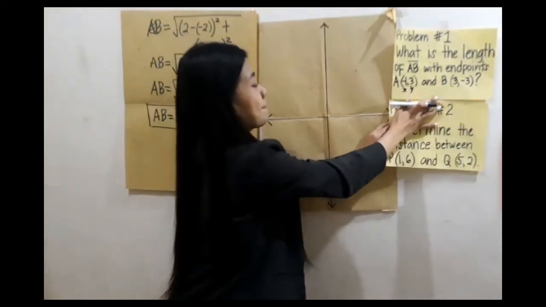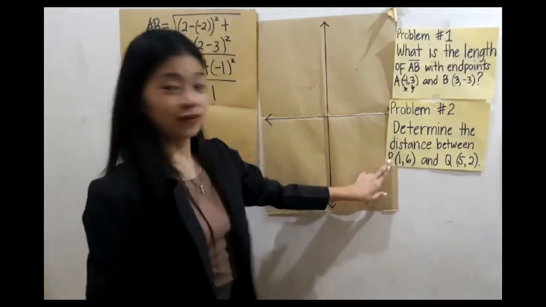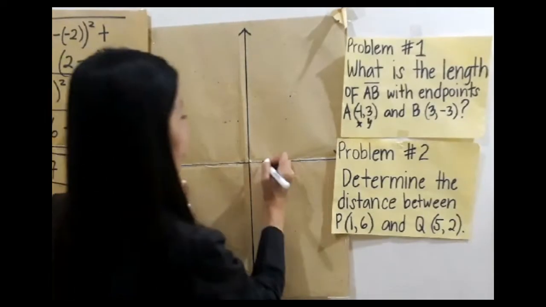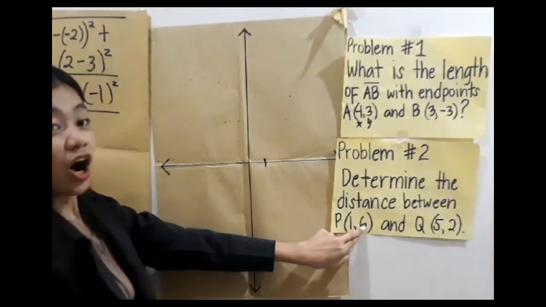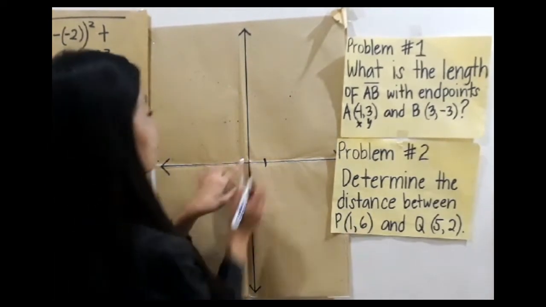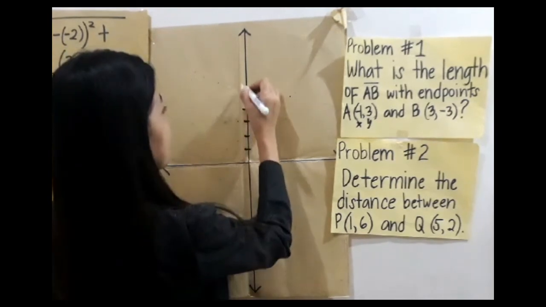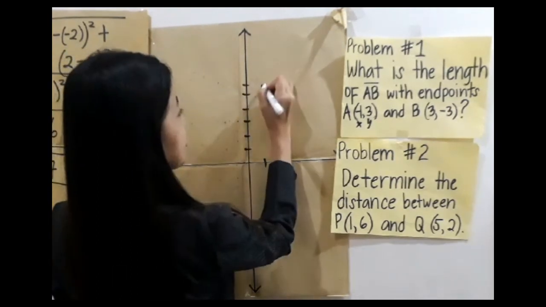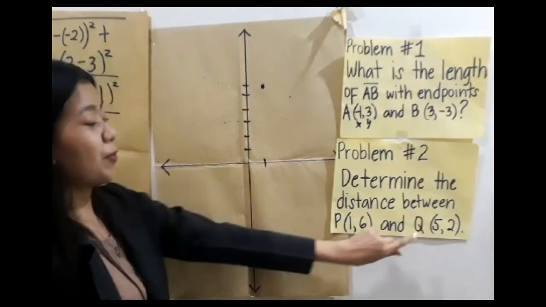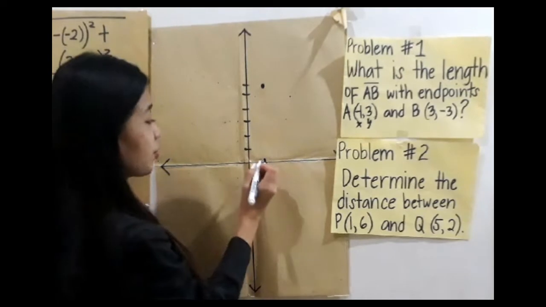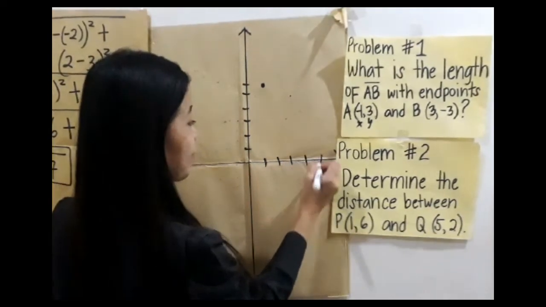So, first we have point P, 1 and 6. So, 1, and then y is positive, so going upwards. 1, 2, 3, 4, 5, 6. And then where does it intersect? Here. And then our point Q, +5. So 1, 2, 3, 4, 5.